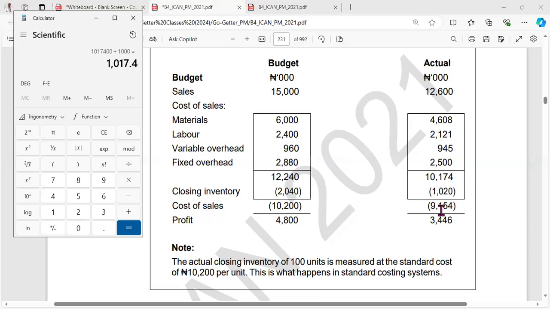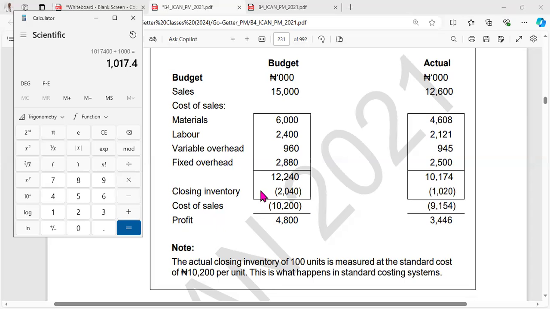Closing stock valuation is not based on actual costs of production. Closing stock valuation in this standard costing we're doing is based on standard cost. We said it when we were doing our budgeted cost.